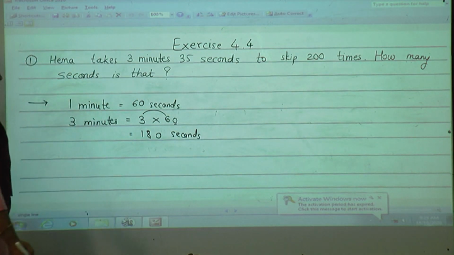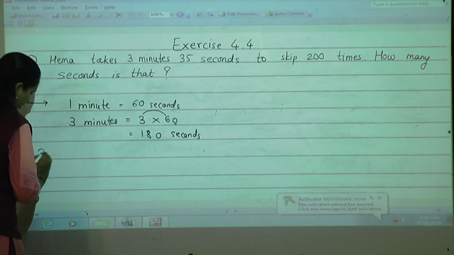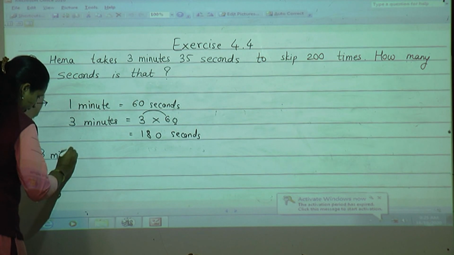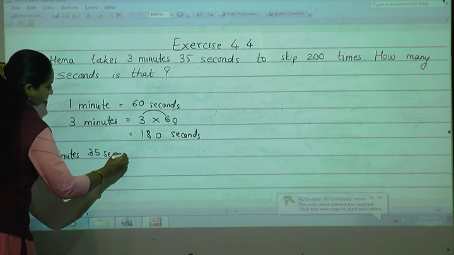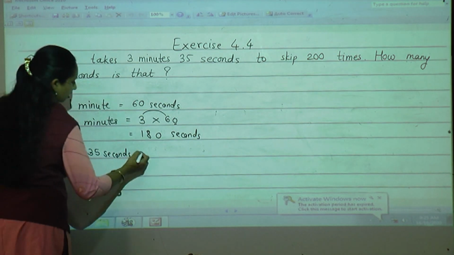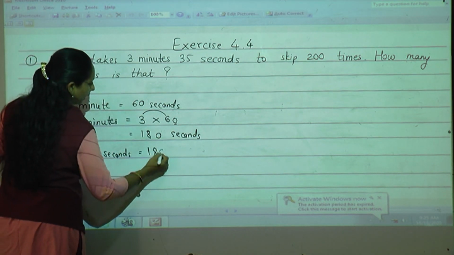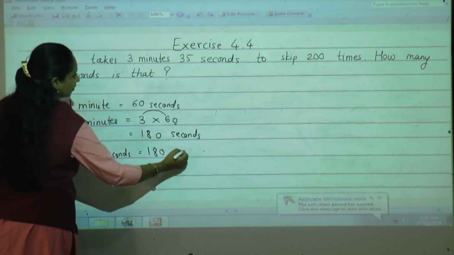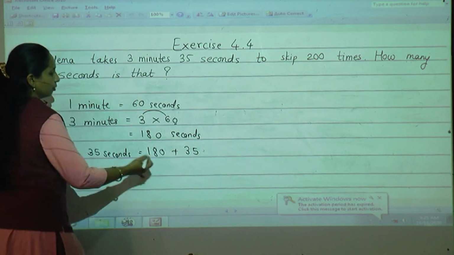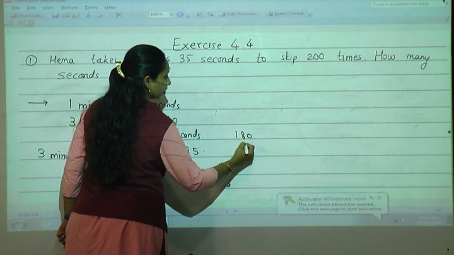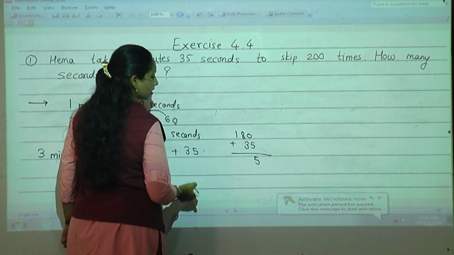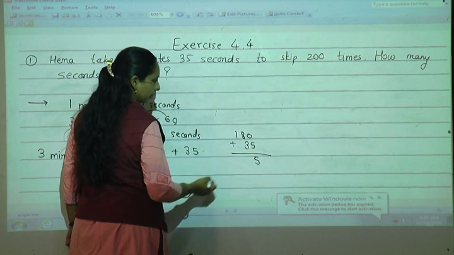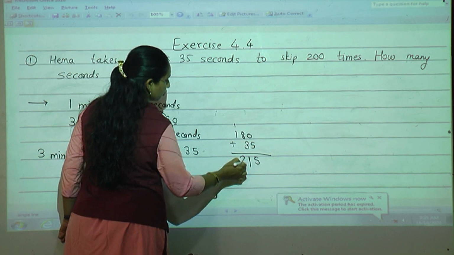But here they had given 3 minutes and 35 seconds. So write here again, 3 minutes 35 seconds. 3 minutes means 180, plus 35 seconds we have to add. Now do the addition as rough work. 0 plus 5 is 5, 8 plus 3, yes, tell me, 11, carry 1, 2.